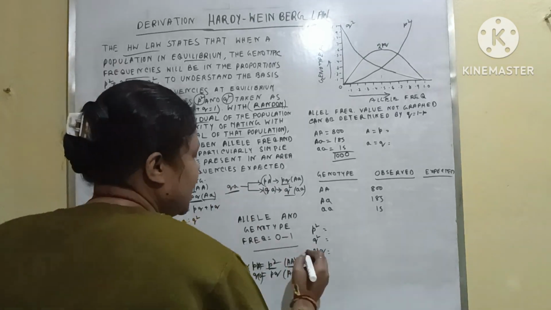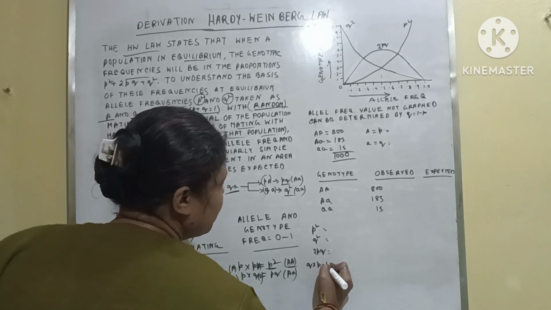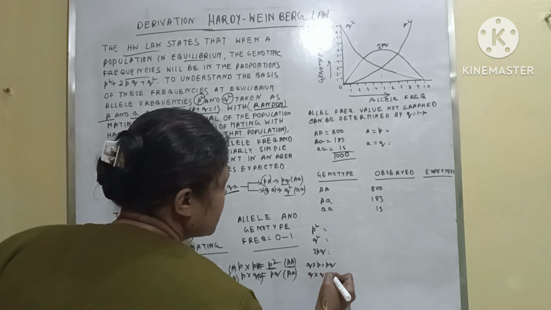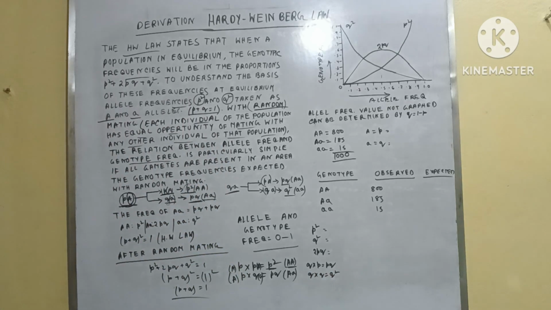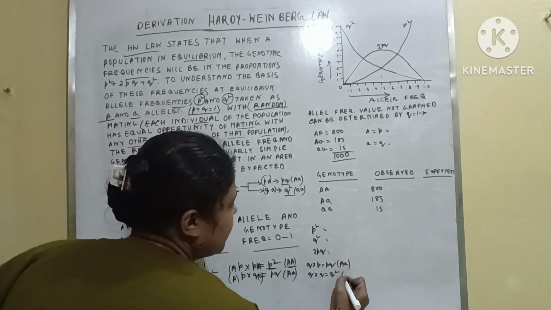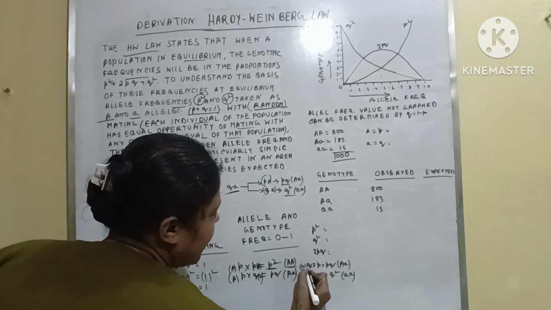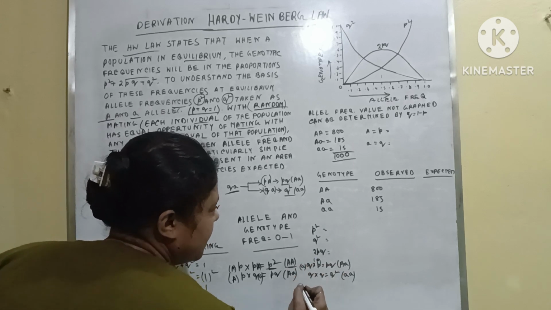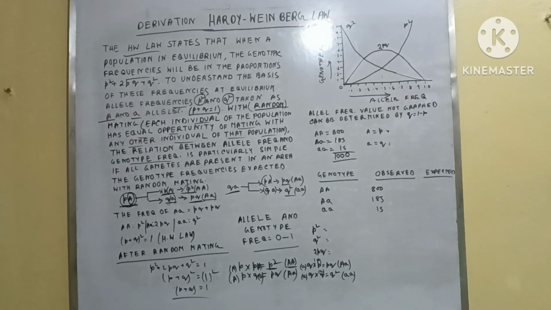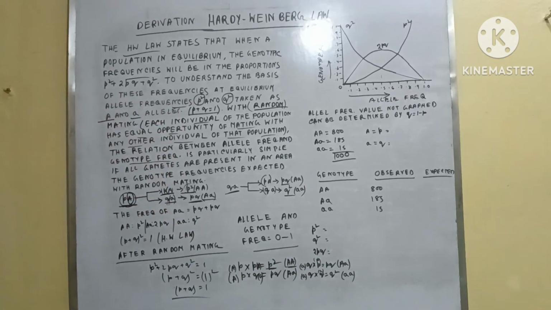Just see, Q into P, this is PQ, and Q into Q, this is Q square. Clear? Here forms this, here forms this. That means this is capital A, this is small a. Understood?